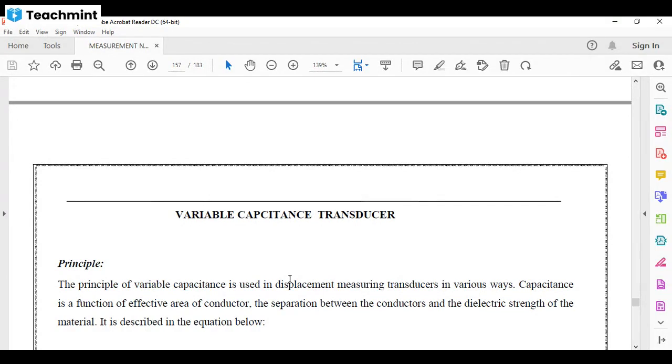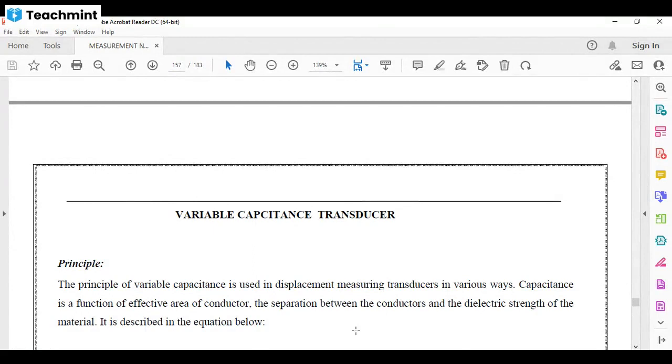The principle of variable capacitance is used in displacement measuring transduction in various ways. Capacitance is a function of the effective area of the conductor, the separation between the conductors, and the dielectric strength of the material.